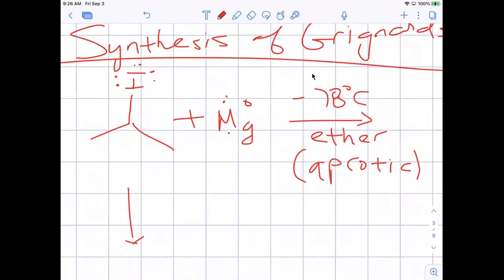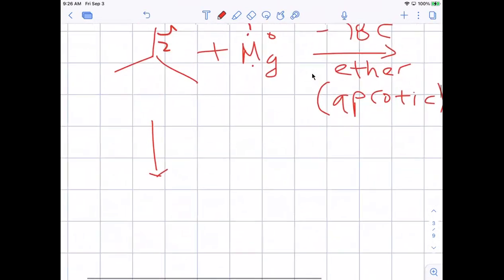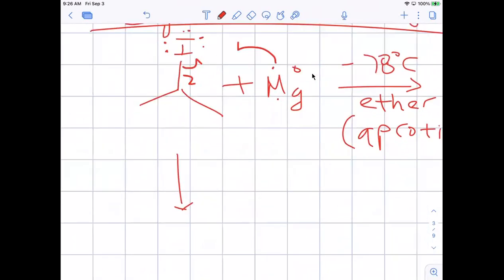So it's going to donate 1 electron here and help facilitate this bond cleavage. All right, so now you have a radical here plus I minus plus magnesium with 1 electron and a plus charge, right? Because it gave 1 electron away.